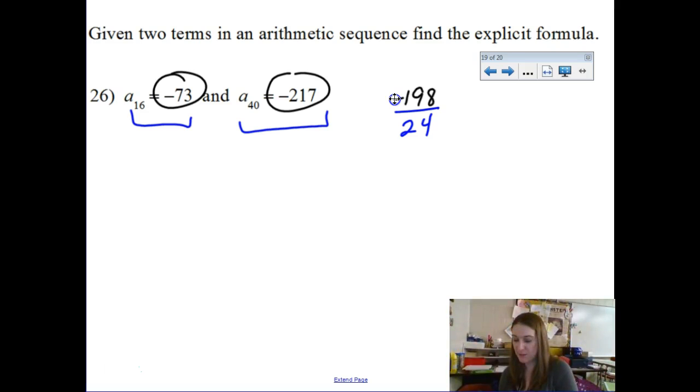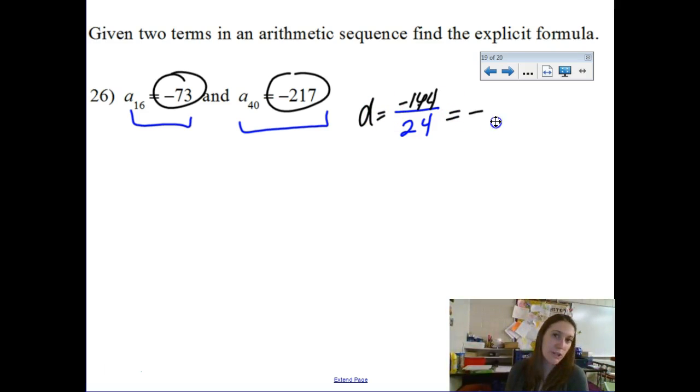If I divide that by 24, something's not right. I typed something wrong. That's not the right number. Oh, dyslexia. I wrote 271, not 217. There we go, 144, like I said. All right, so that's 144. So the common, oh, and we're taking it away. So the common difference is that they remove or subtract 6 each time.